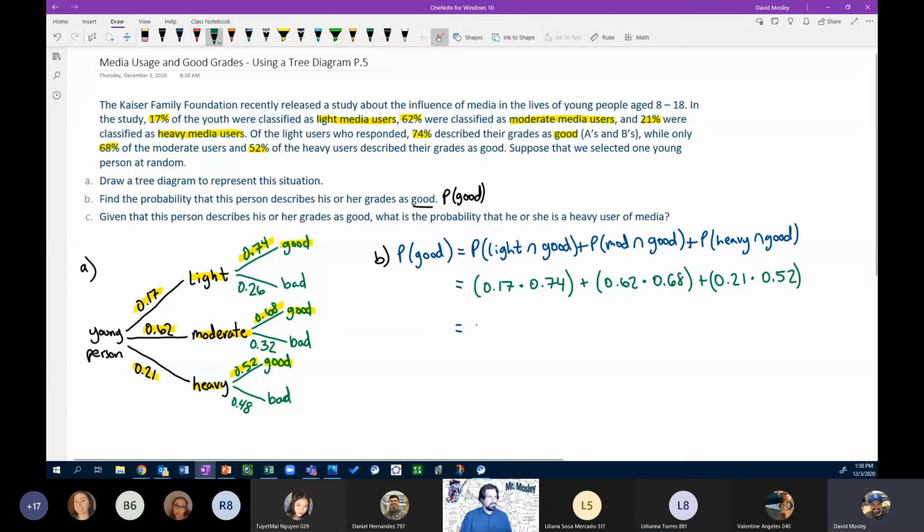We get 0.1258 plus 0.4216 plus 0.1092. And ultimately, we add these all up.